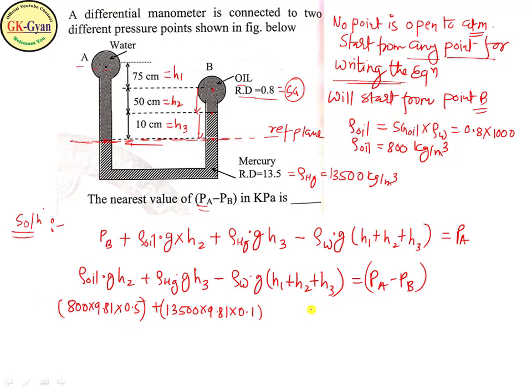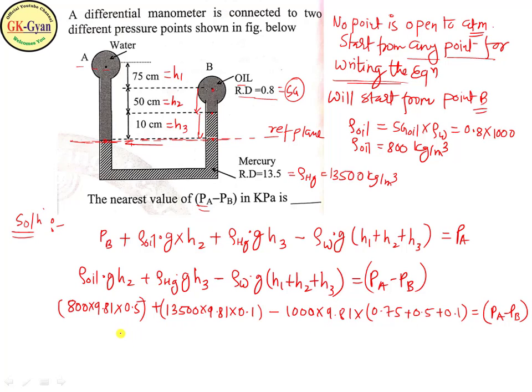Now minus the density of water, 1000 into 9.81 into h1 plus h2 plus h3. So the total height will be 0.75 plus 0.5 plus 0.1 equals PA minus PB.